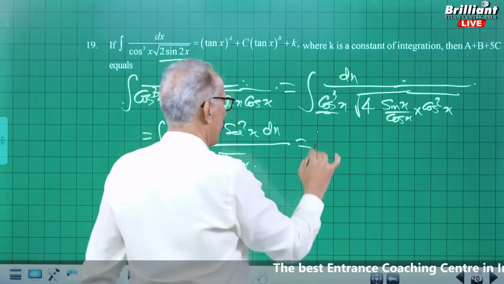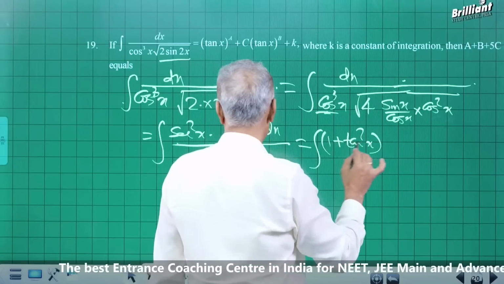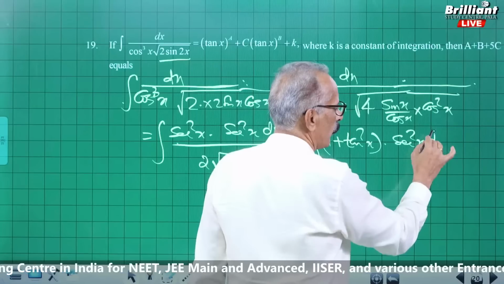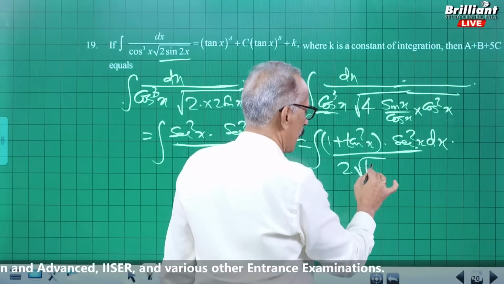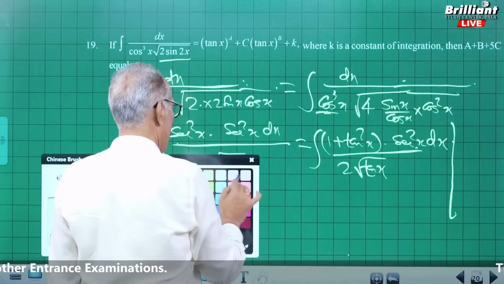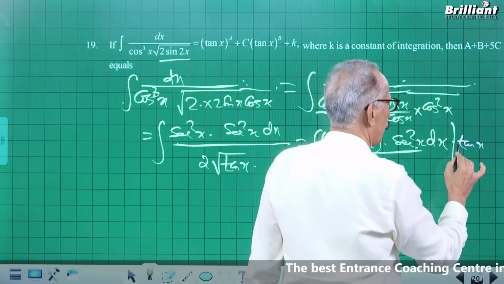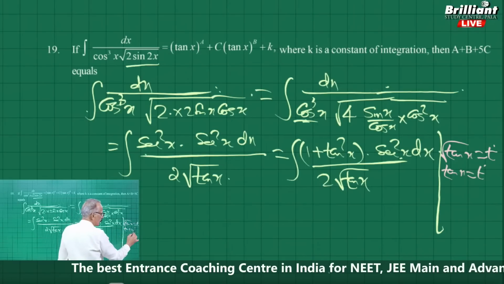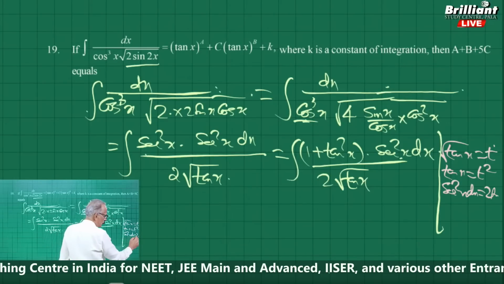Once again we write integral 1 plus tan square x into sec square x dx, because we know the derivative of tan x is this by 2 root over tan x. And remember, we apply the substitution here. That is root tan x is equal to t, or tan x is equal to t square. Therefore, sec square x dx is equal to 2t dt.